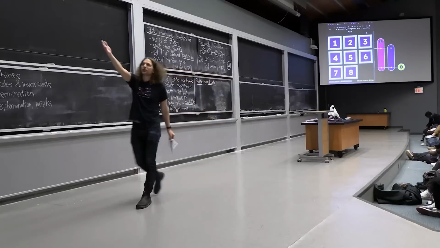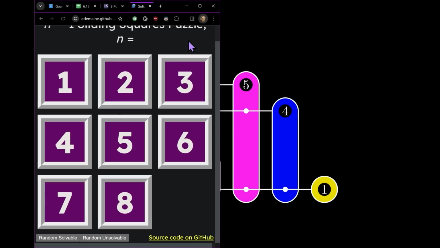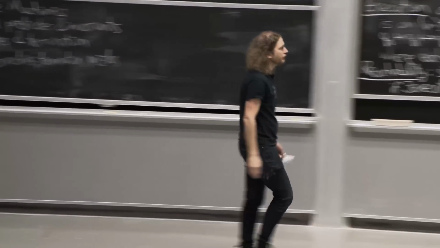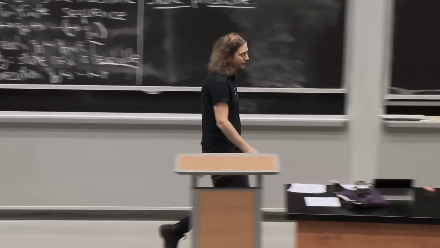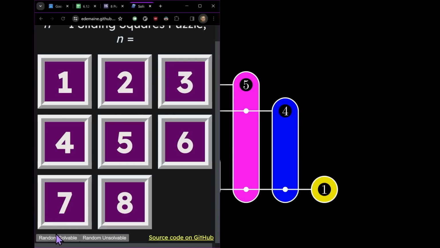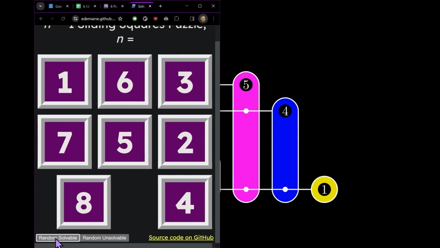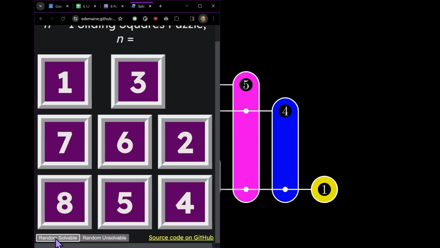It's called the 8 puzzle. You have a 3 by 3 grid with one hole and 1 by 1 pieces in it. And you can slide them around. And so this is the solved state. Your goal is to get here. But you start in some random state, and you want to move the pieces around to get there.